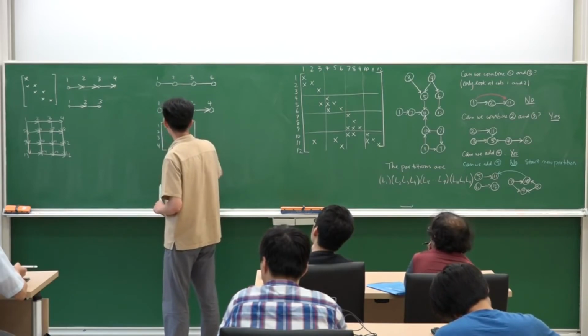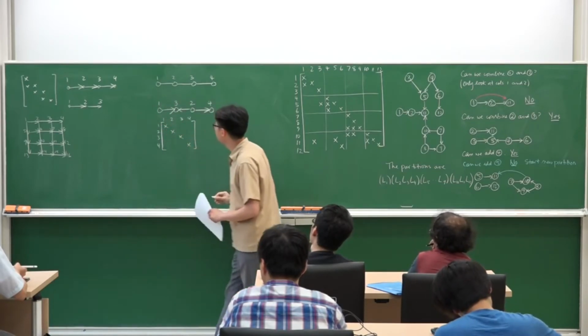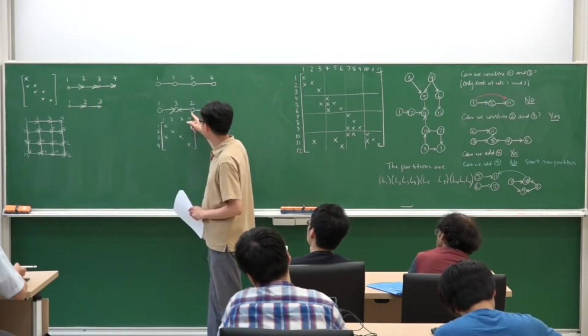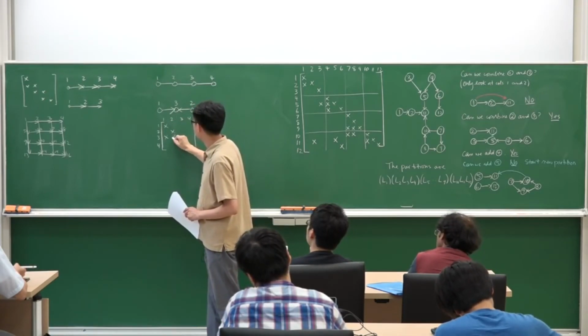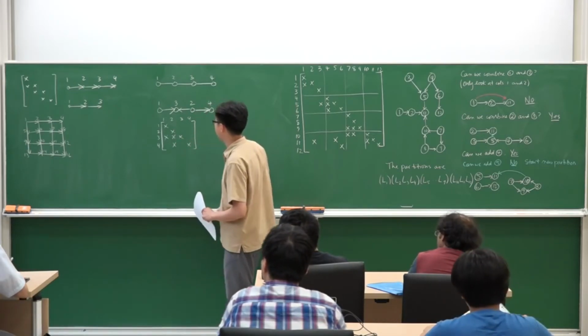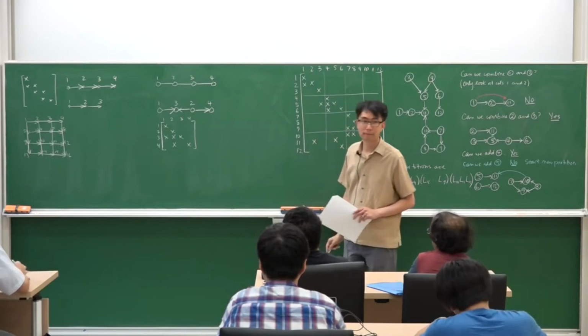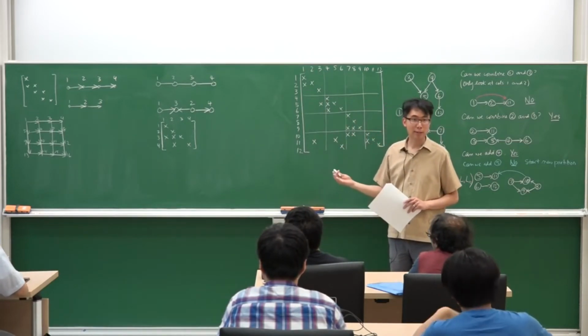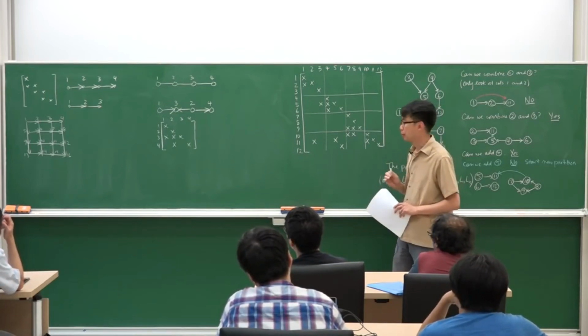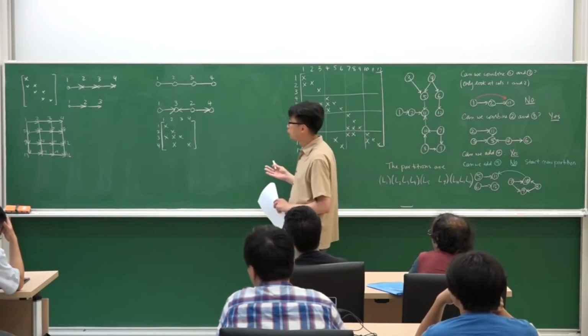So there's the diagonal. And there's an edge from 1 to 3, and an edge from 2 to 3, and an edge from 2 to 4. Okay? And now we're going to say, well, what are the partitions? Okay? Can we combine 1 and 2?